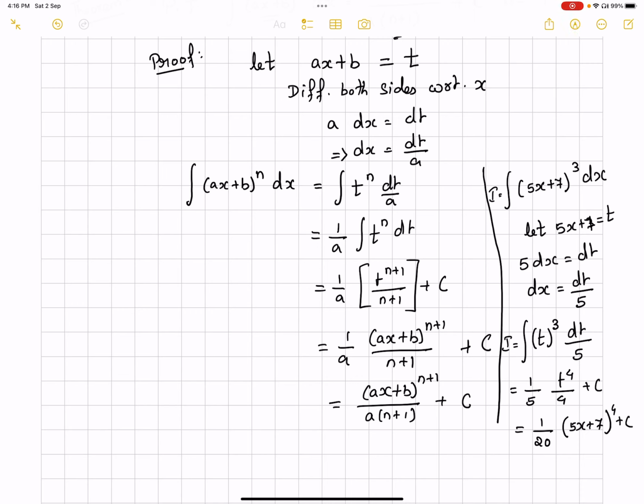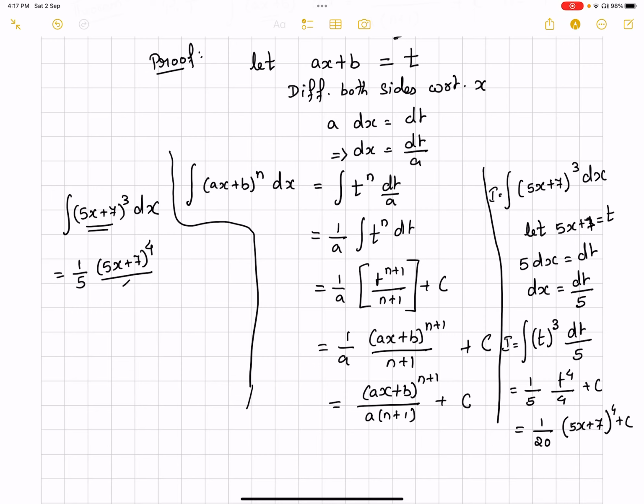Problem is done. But for the same problem, what I'm saying to you right now is, when you observe that it is in the pattern of 5x plus 7 the whole cube dx, in the form of a linear format, in the format of ax plus b, you can go ahead with your integration directly and write it as (5x plus 7) whole to the power 4 by 4 plus c, which is nothing but 1 by 20 (5x plus 7) whole to the power 4 plus c.